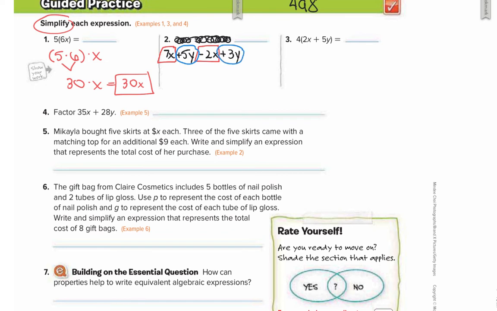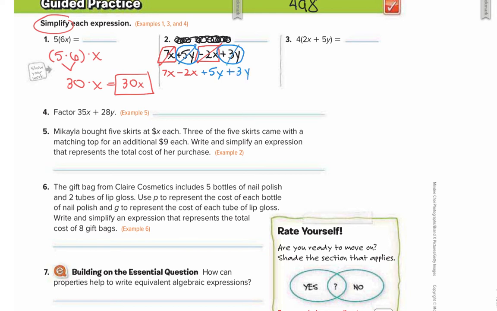So what we can do is reorder these so that like terms are together. So I'm going to do 7x, and I'm going to move it next to the minus 2x because those are like terms. And then we have plus 5y plus 3y.